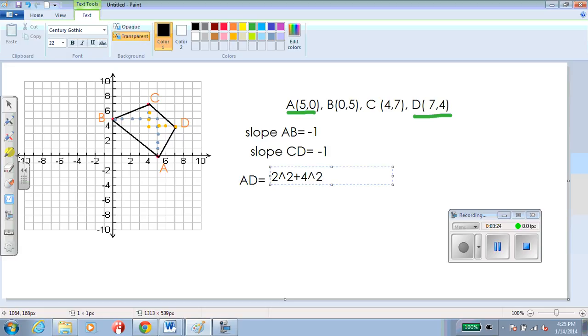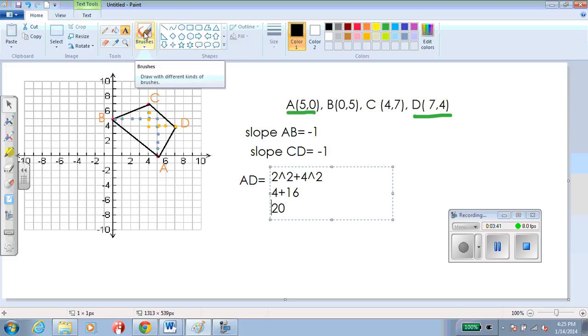Remembering that in the distance formula, I'm going to have to square root at the end. So 2 squared is 4, 4 squared is 16, 4 plus 16 is 20, so the square root of 20 would be my answer. So that's the length of AD.